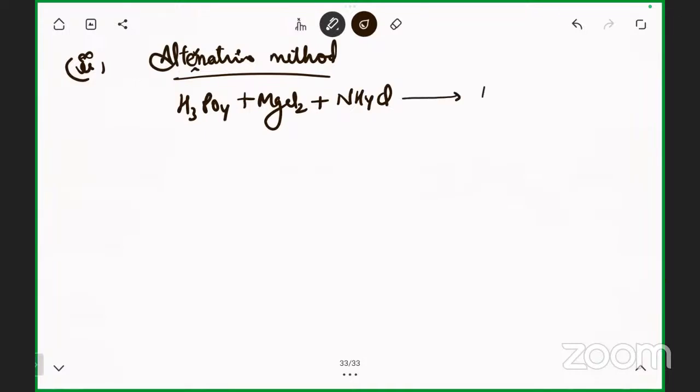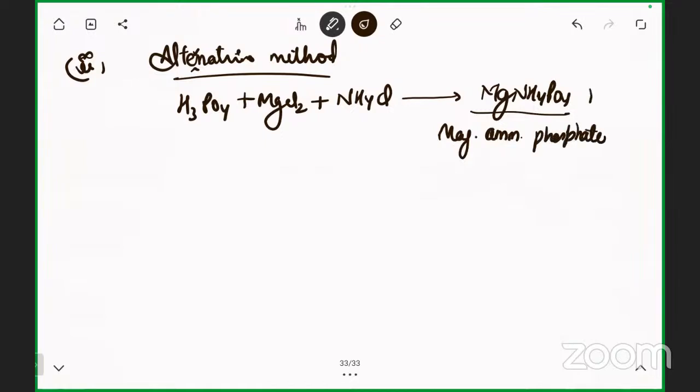They will form MgNH4PO4, that is known as magnesium ammonium phosphate, along with 3 molecules of HCl.